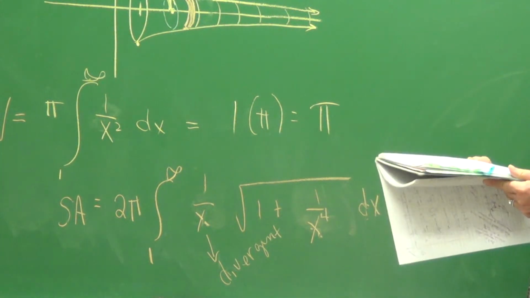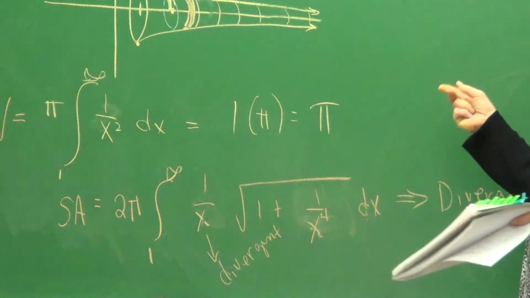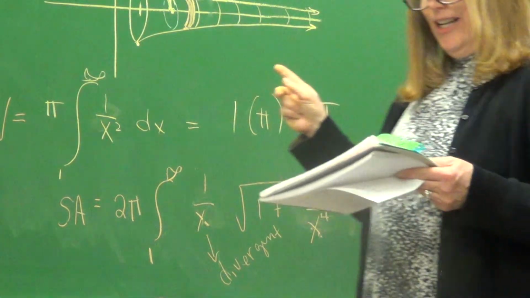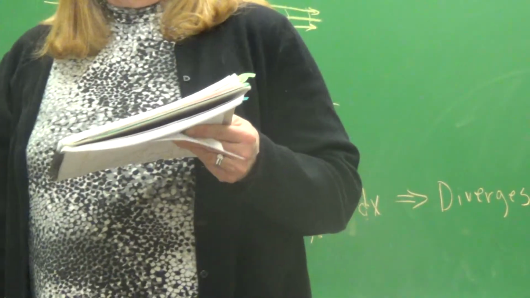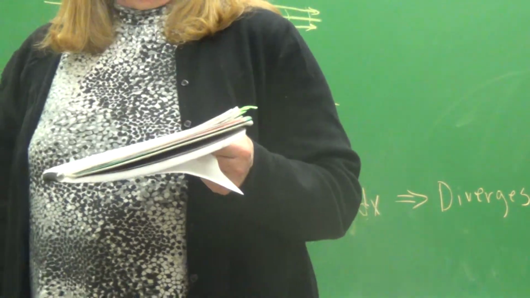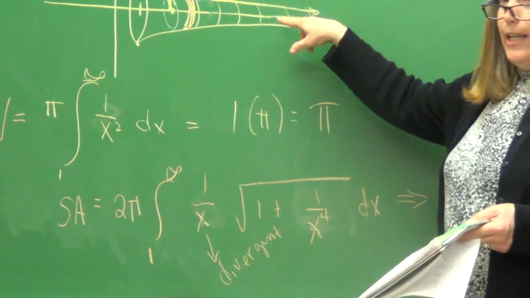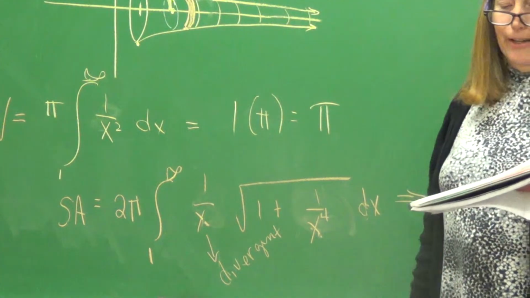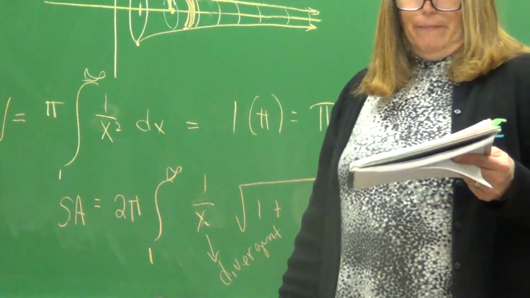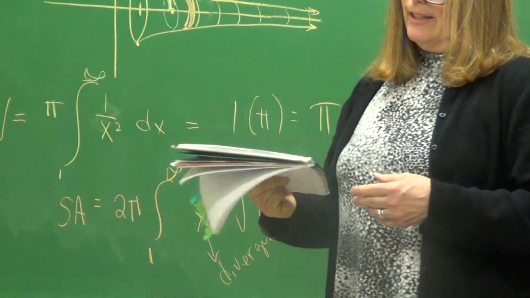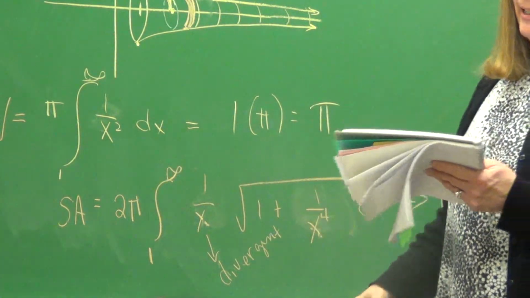All right. So this Gabriel's horn is an infinitely long shape. It has a finite volume, but an infinite surface area. And that is part of a bunch of different objects that are like that.